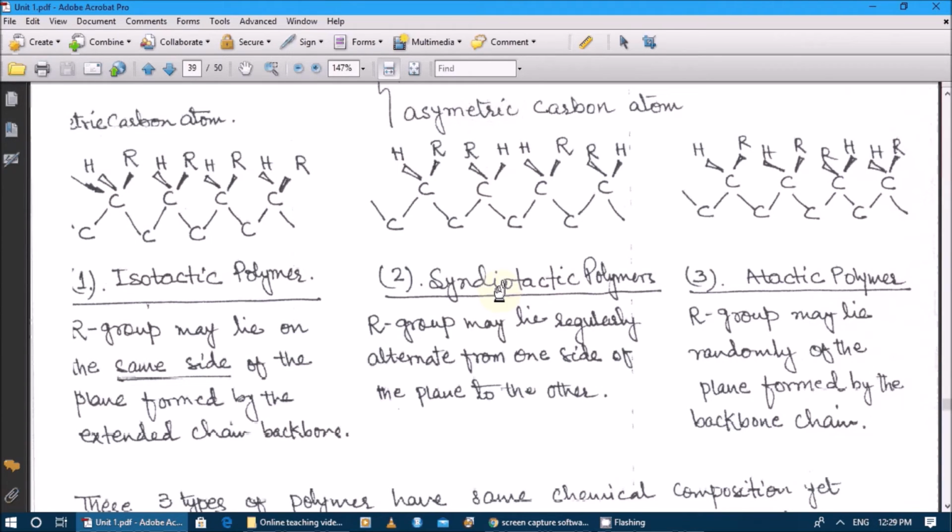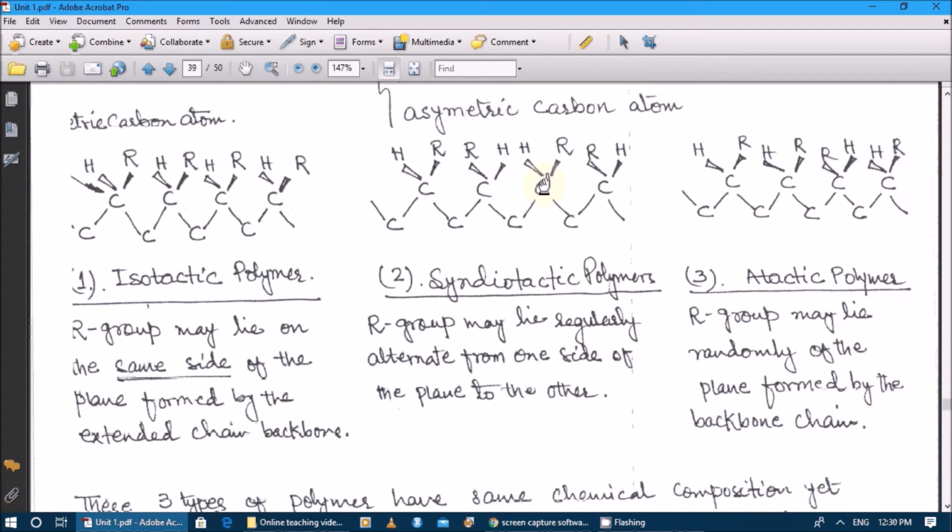In case of syndiotactic polymer, you can see there is an alternation between R and H atoms. In the first asymmetric carbon atom, the hydrogen atom is lying above the plane, whereas in the second asymmetric carbon atom, my hydrogen is lying below the plane.